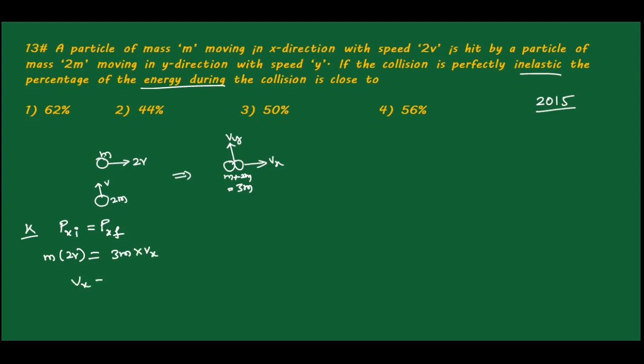Then vx is equal to, from this simplification, m cancels, so 2 by 3 into v.